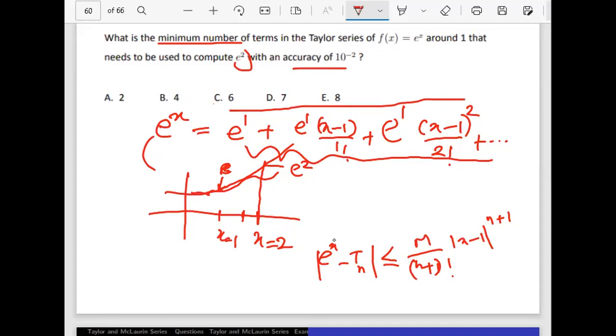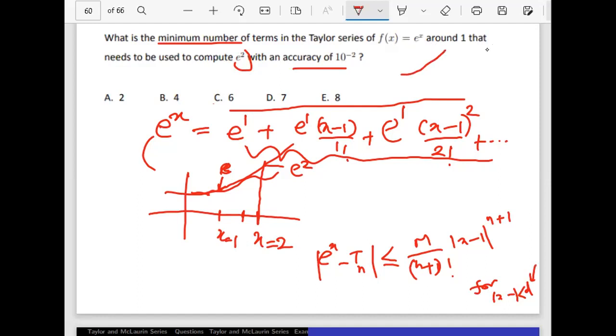Over the interval for x minus 1 less than d. Let's decide this d, right? Okay, here, look at this. We want to approximate this one with this thing. Now we know that the exponential function is an increasing function, right?